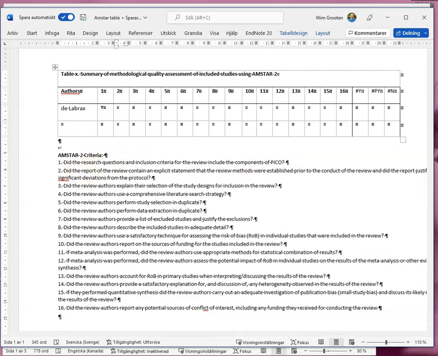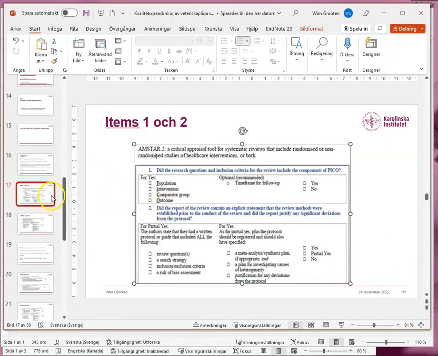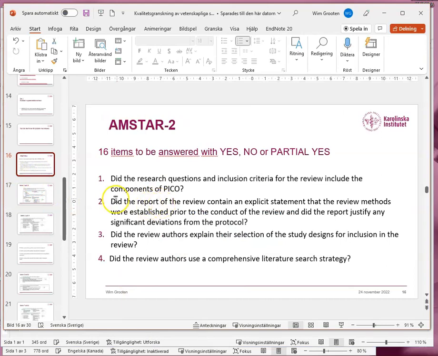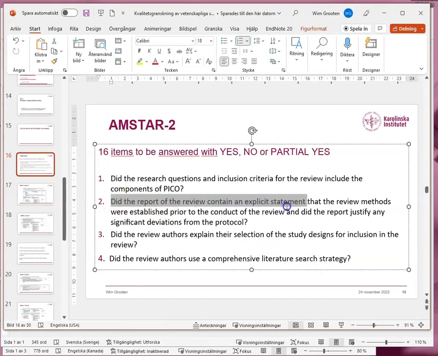The second one then, let's go to my PowerPoint. The second one was, did the report of the review contain an explicit statement that the review methods were established prior to the conduct of the review, and did the report justify any significant deviations? So you need to have a protocol, and that is very important, that before you publish your study, you have to say somewhere what you want to do.